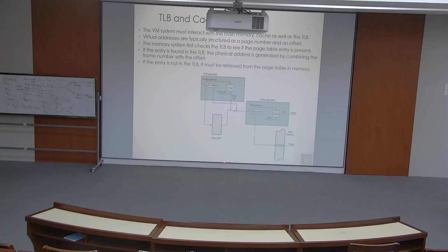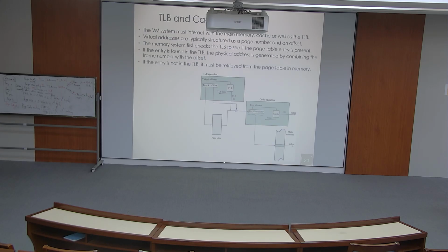If the page table entry is found in the TLB, the physical address is generated by combining the frame number with the offset. If the page table entry is not available in the TLB, the page table entry needs to be retrieved from the page table in the main memory.